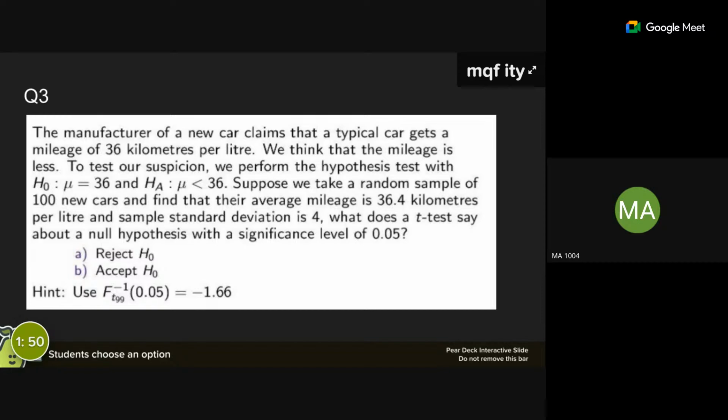The hypothesis is about the mean, so obviously our test statistic will be nothing but the sample mean, X bar. So if the sample mean is greater than something, how will we reject the null hypothesis? We cannot. If that X bar is less than some value c, then only you will say that okay, the mileage is less than 36.